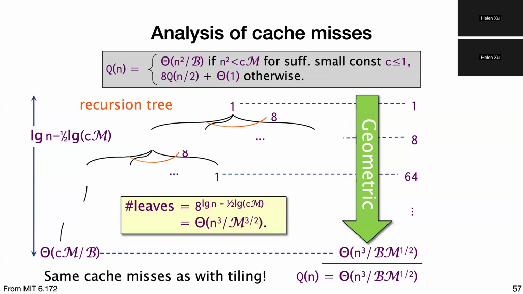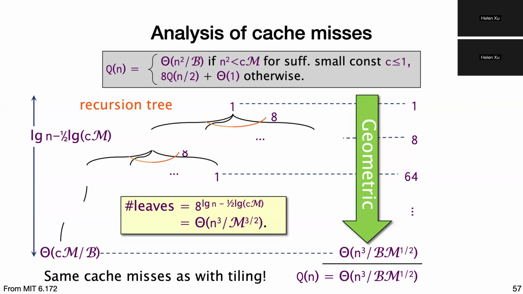Or sorry, the height is less, because the height stops when n is like square root m. The total height of the recursion is log n. From an analysis perspective, we cut off the recursion at n is theta square root m, and that's where you get the subtraction: log n minus log square root m, and then the 1/2 goes in the front. Log rules.